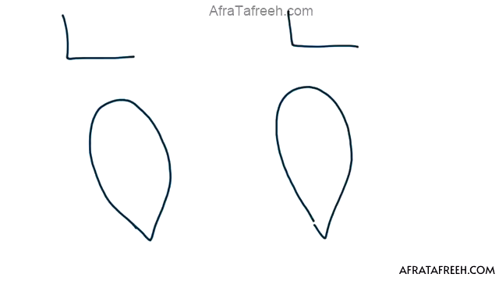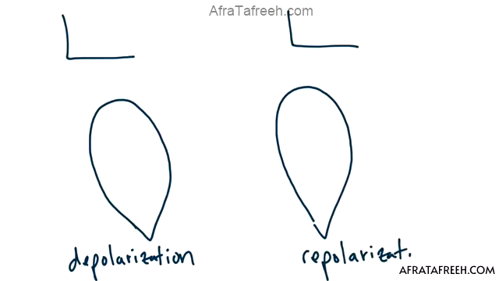I'll draw two hearts and two EKGs. We'll follow this heart through depolarization and this one through repolarization. Recall that a typical EKG will have 12 leads placed in various locations on the patient. For our example, we'll just examine lead 2.